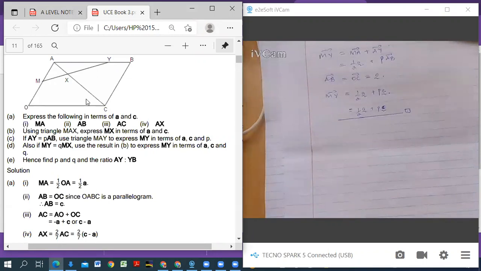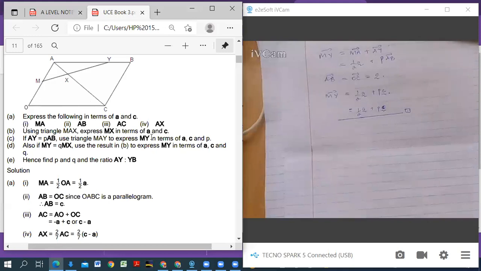Someone who moves from M to O plus OC plus CB plus BY gets the same answer as someone who moves from MA to AY. But we cannot take this direction MO, OC, CB, because these directions do not have AY. So we have to take the direction of MA, AY, such that our P appears in the answer.